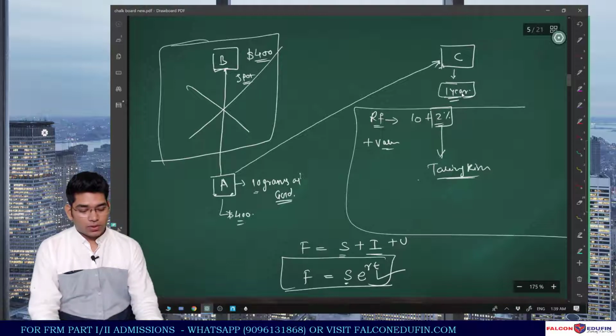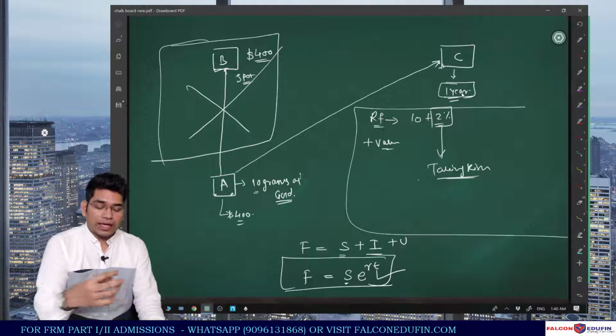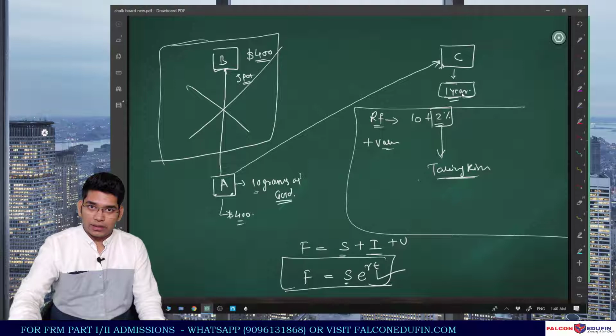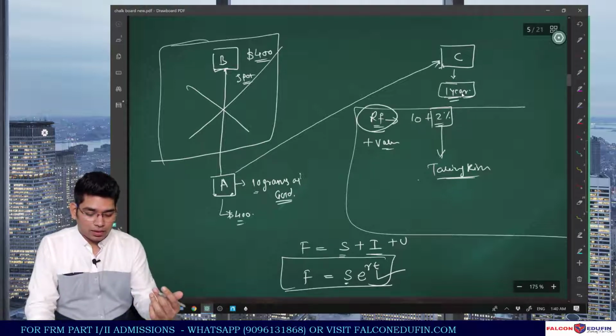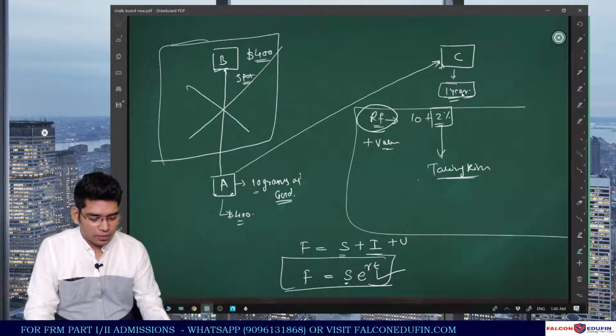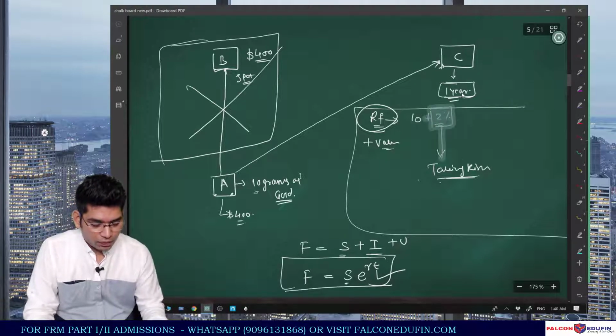So this is for taking risk and not for your investment. That's why only the risk free rate is taken into consideration. There is again one more thing, that is why we are not taking the risky rate.